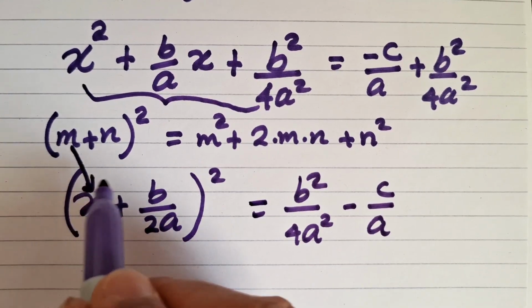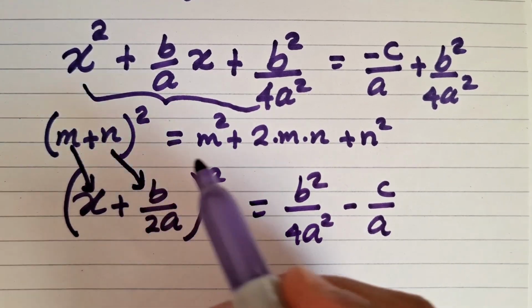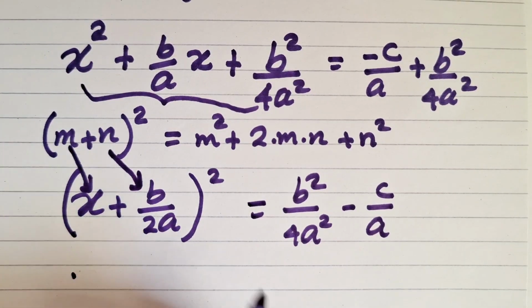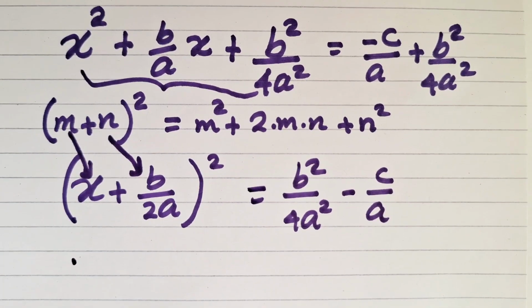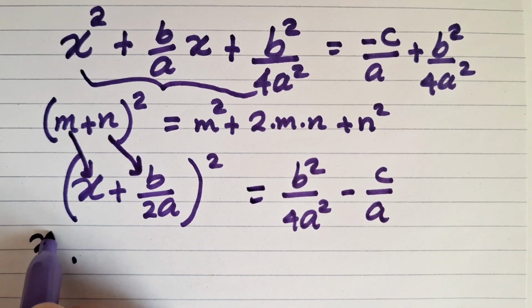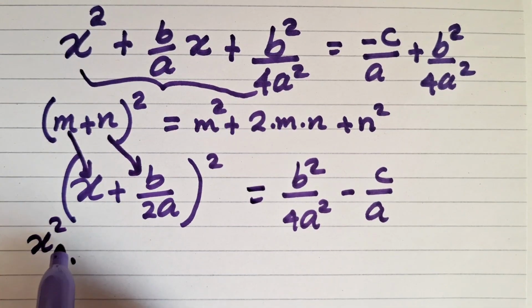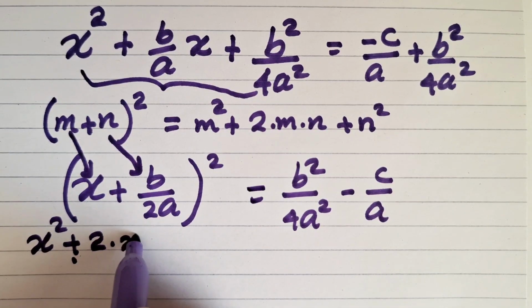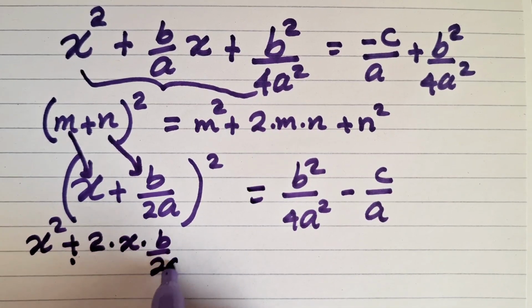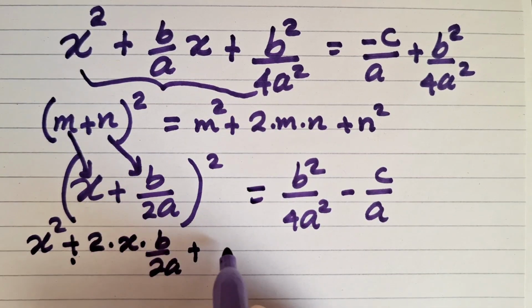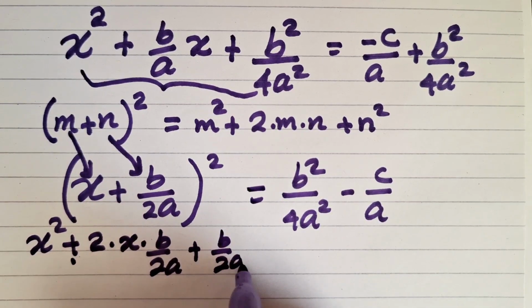Think about m as relevant to x, and n as relevant to b over 2a. So m squared means x squared, plus 2 times m times n, which means 2 times x times b over 2a, plus n squared, which means our b over 2a squared.